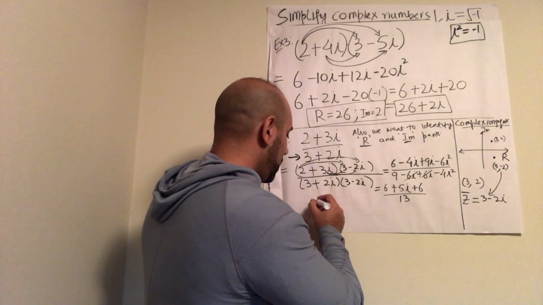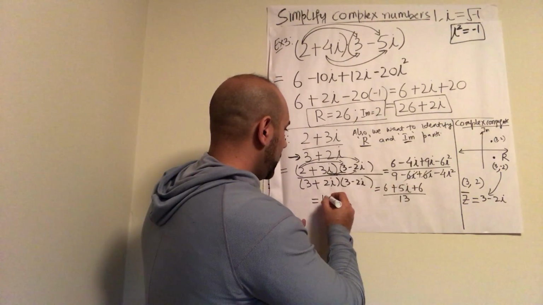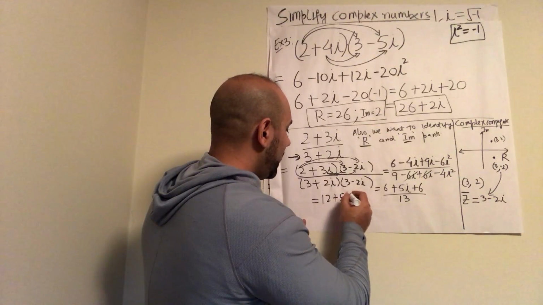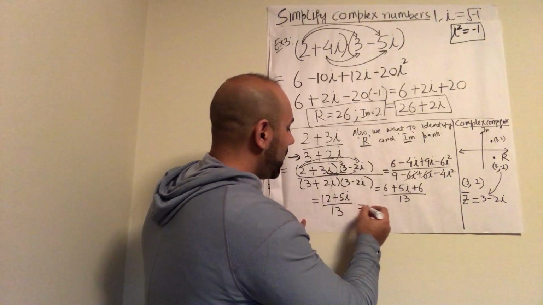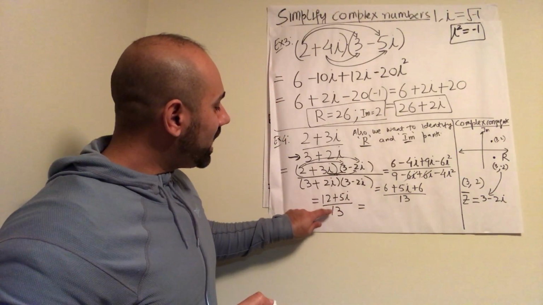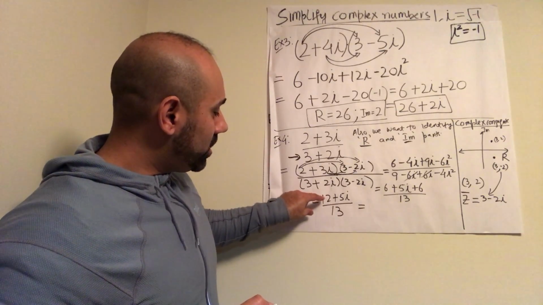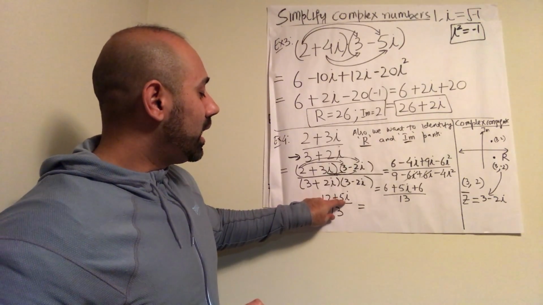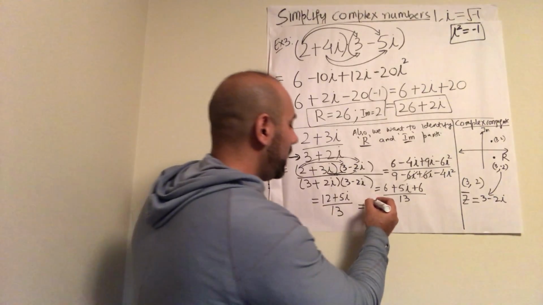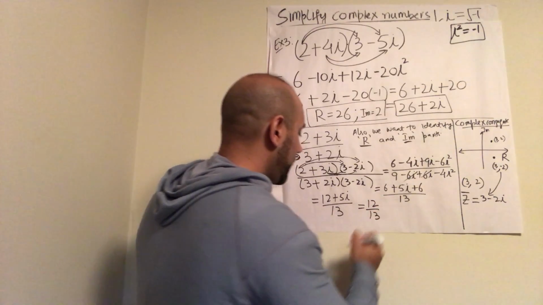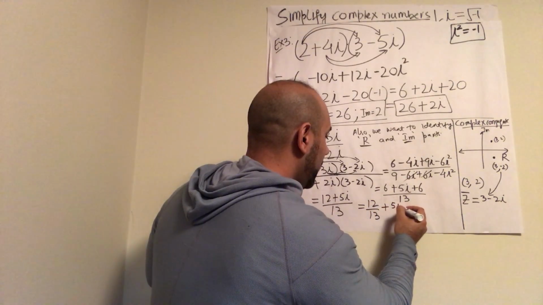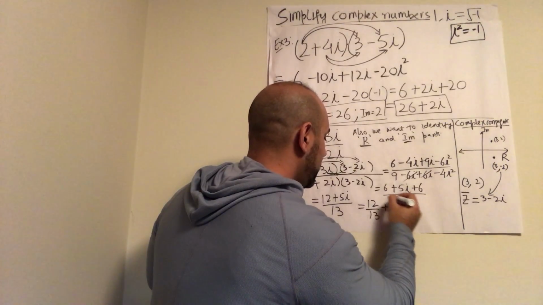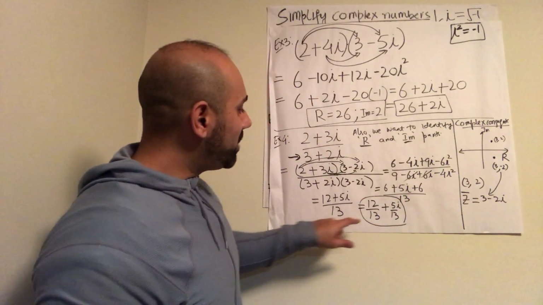So this equals 6 plus 6 is 12 plus 5i, divided by 13. We are almost done, except that this 13 divides the 12 as well as the other part, 5i. So this is going to be 12 over 13 plus 5i over 13. So this right here is our final simplified form.